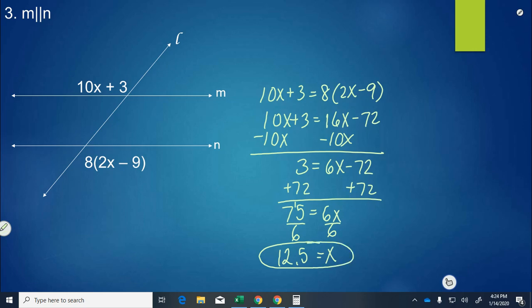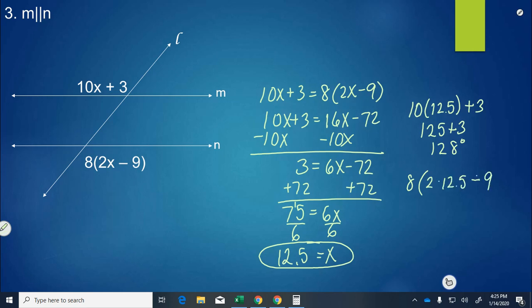So we plug that in. 10 times 12.5 plus 3 is 125 plus 3, or 128. Now, the other one should also be equal to 128 because we said they're equal to each other. So we have 8 times (2 times 12.5 minus 9).